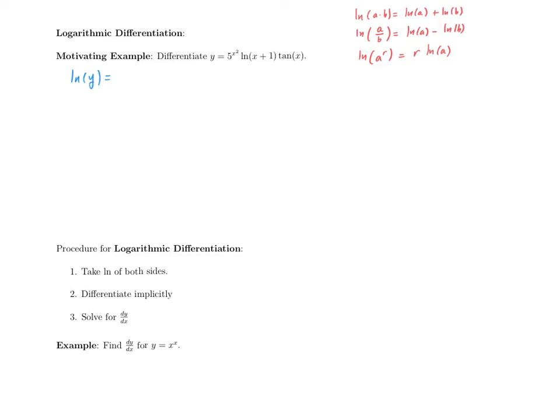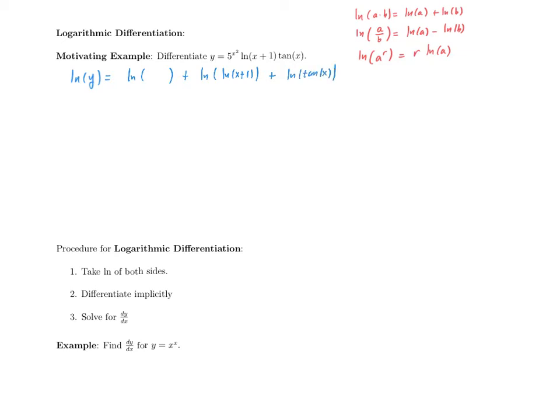And when we take the natural log of this right-hand side, we can break it up into 3 natural logs added together because it's a natural log of a product. And I'm just going to go ahead and do that all at once. So you have the natural log of the first term plus the natural log of the middle term plus the natural log of the third term.